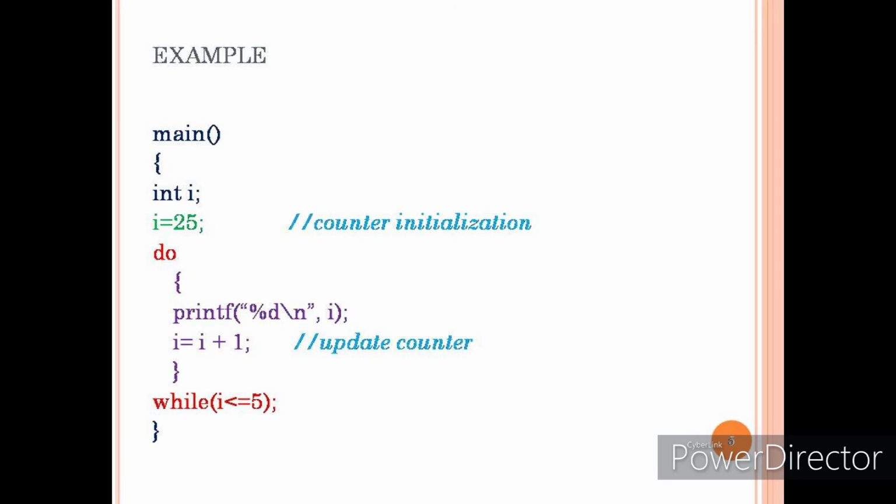Now, to illustrate do while loop, let us consider an example. It's a simple program in which we have one variable I and it is initialized to a value of 25.